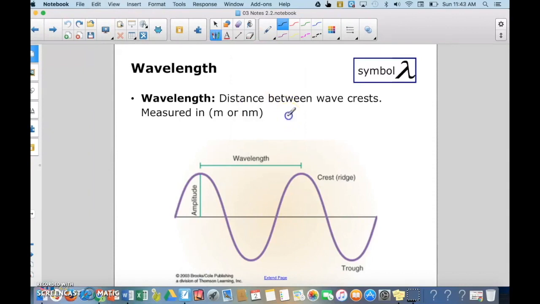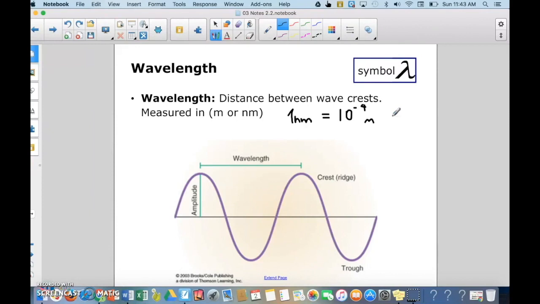Something that we need to remember is that 1 nanometer equals 10 to the minus 9 meters. We're going to be working with this later on. So 1 nanometer is way smaller than a meter. All right, so this is wavelength.